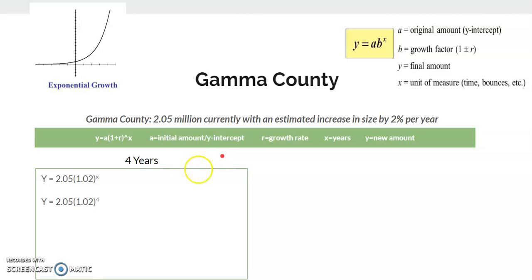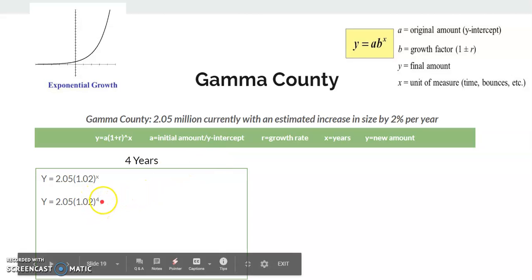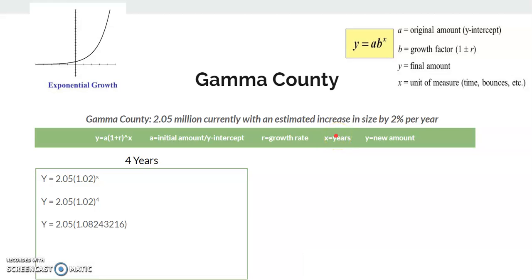Okay, so we went ahead and plugged in our 4 for 4 years, which is x. And we get that long number again, which is kind of a middle step, but your calculator will calculate that for you. And then we're left with 2.22 million in that county after 4 years, or it grew to that after 4 years.